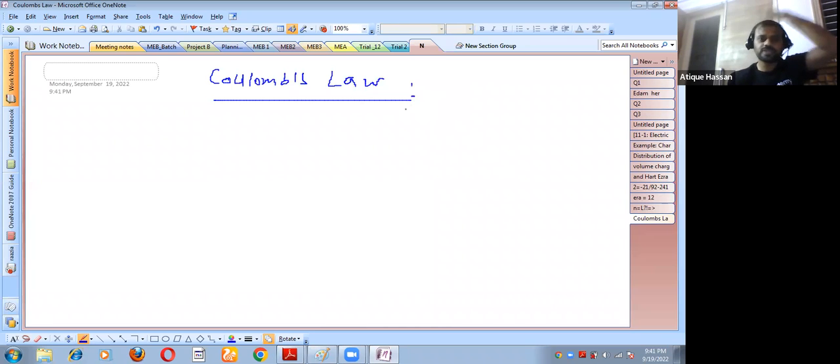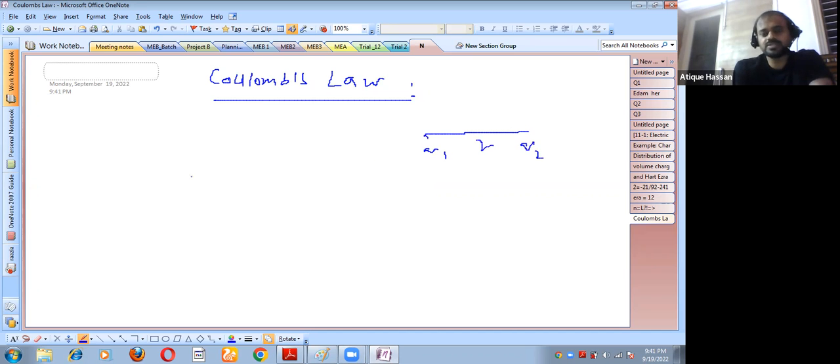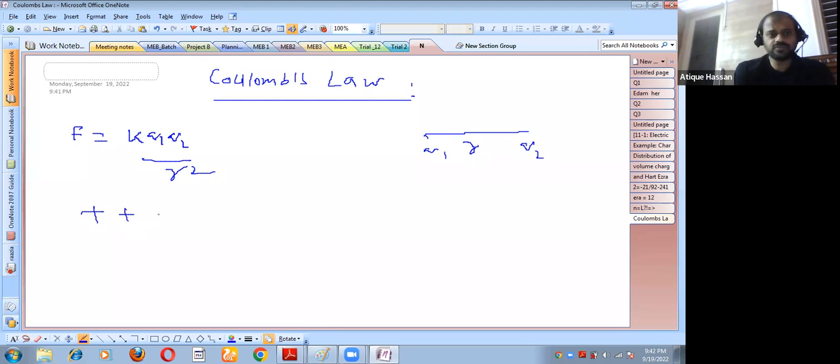So moving to the next concept, Coulomb's law, which we already know that if there are two charges Q1 and Q2 separated by some distance r, so we know that force acting between the charges is k q1 q2 by r square, and we know that if charges are positive, then force is repulsive.